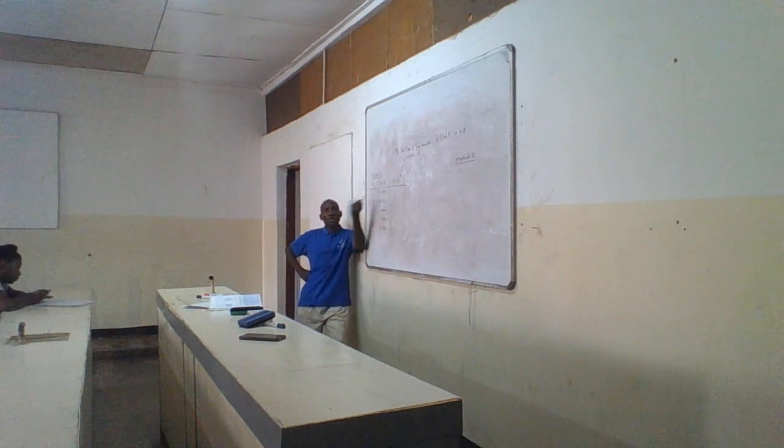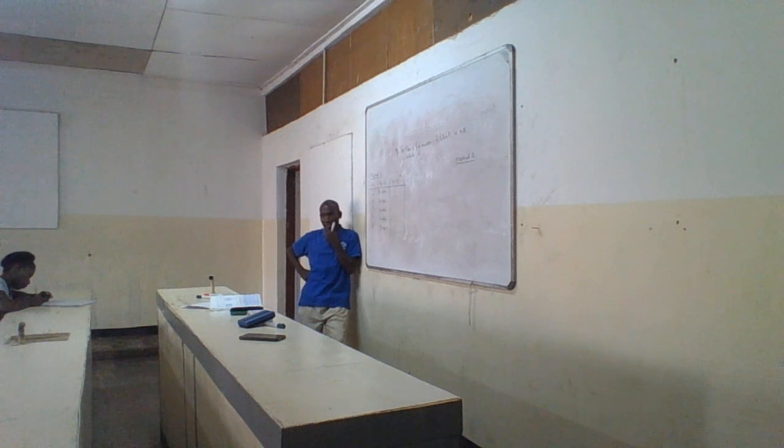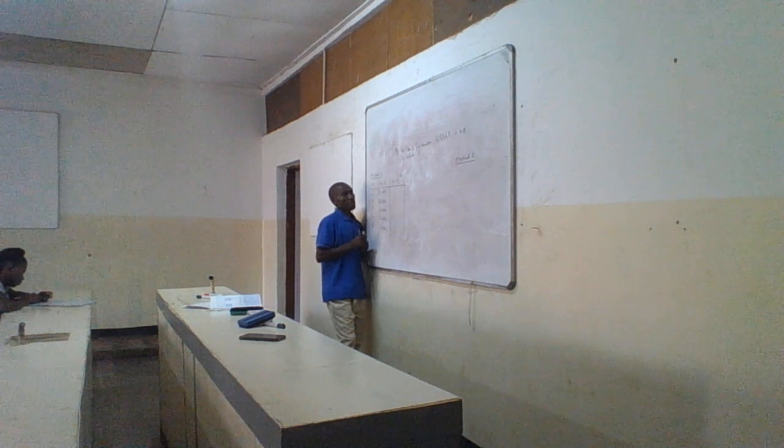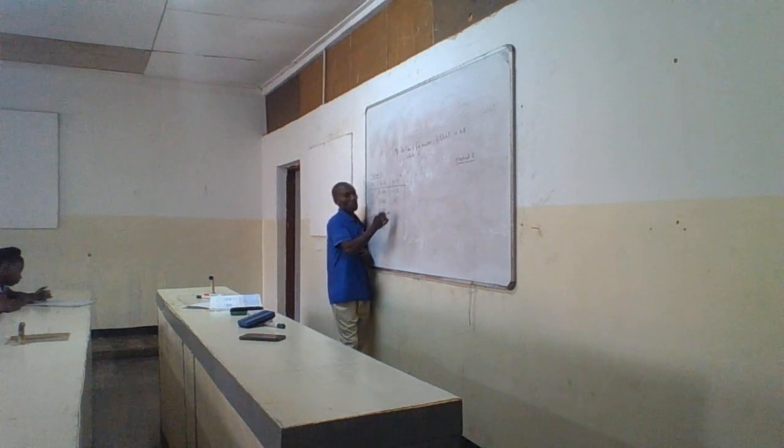The first one, what will be that? 2 minus 4.8. Negative, right? Negative 2.8. The other one? Negative 1.8. The other one? Negative 0.2.